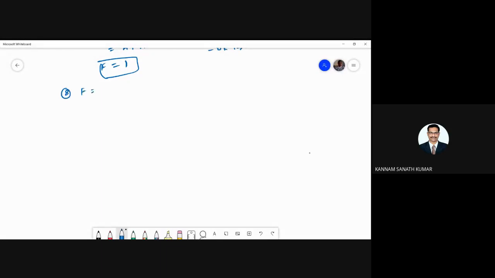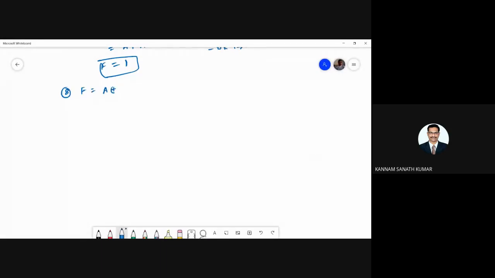One more problem. F equal to A XOR B whole bar plus ABC plus AB bar. Okay. So this is equal to what? A bar B bar.